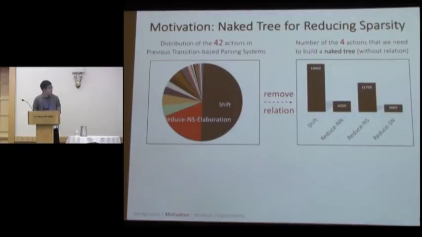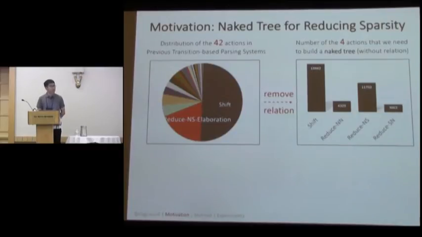So our proposal is that if we can remove the relation labels from the transition system, the number of actions will reduce to a great extent. The number of the 4 actions that we need to build a naked parse tree is shown in the right figure.